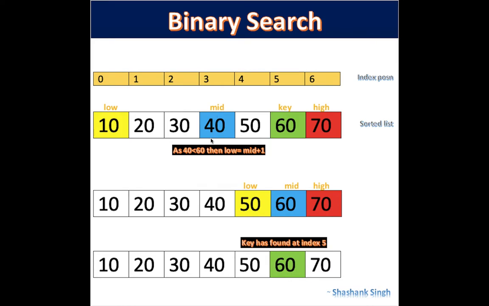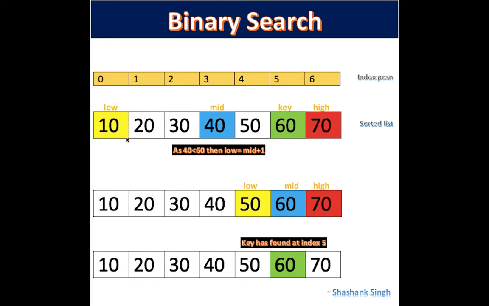So here, as you can see, key is greater than mid. As this list is already sorted, we don't have to go to the left side of this mid. Instead, what we will do is update low as mid plus 1, right? Also, let's say key is 20 here, right?